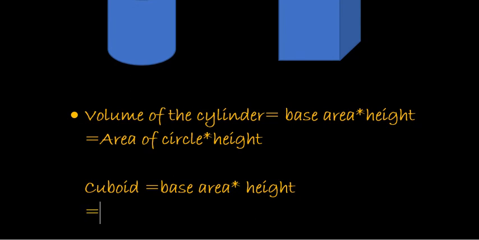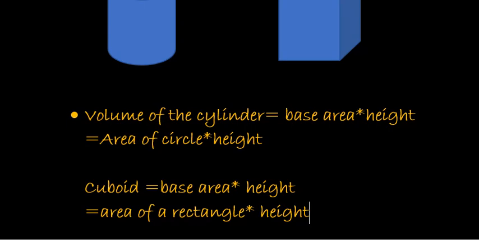The base area of the cuboid is actually the area of a rectangle. So if you have the area of a rectangle, we just have to multiply that by the height which has been given in the question, and we are through to go.